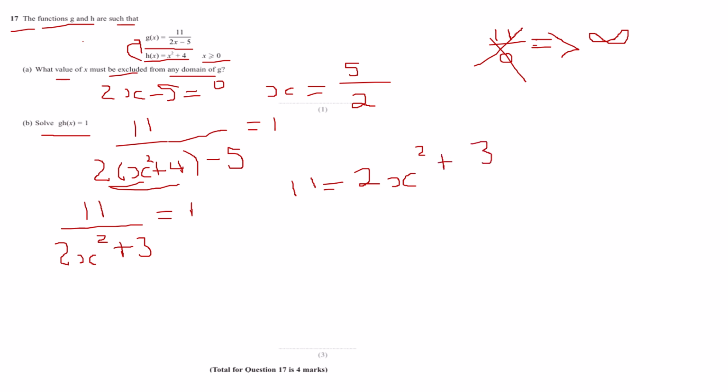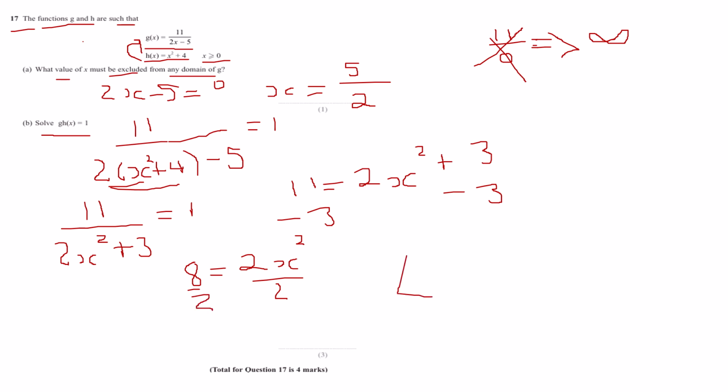I'm now going to subtract 3 on both sides. So 11 minus 3 makes 8. So we have 8 is equal to 2x squared. Okay. I'm now going to divide by 2, get rid of that 2 at the front. So divide by 2, we get 8 halves is equal to 4.